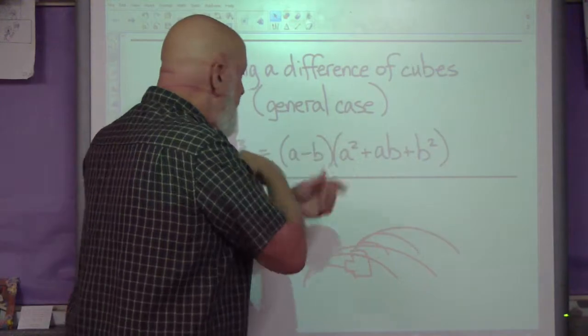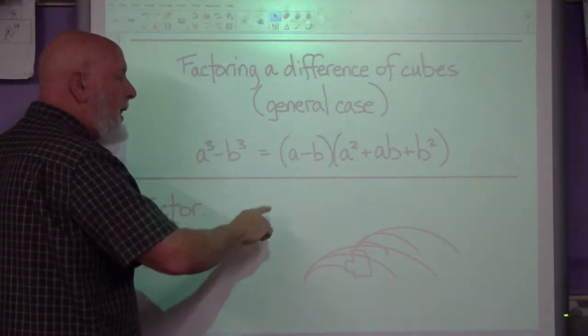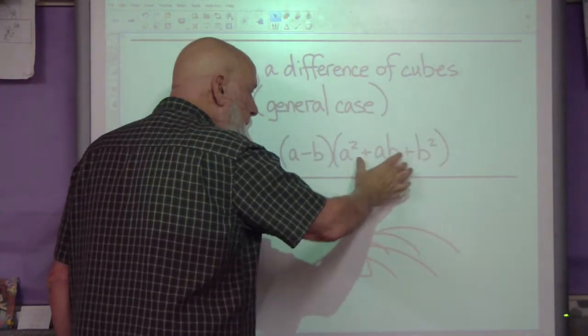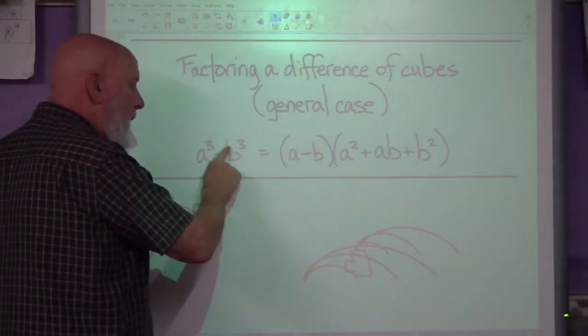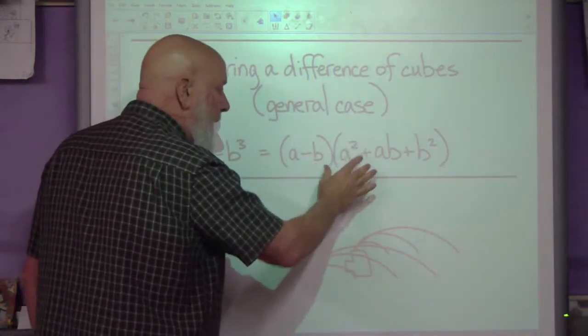They'll be just disappearing left and right, except for A cubed minus B cubed. That's what will be left. If I multiply this times this, I'll get A cubed minus B cubed.